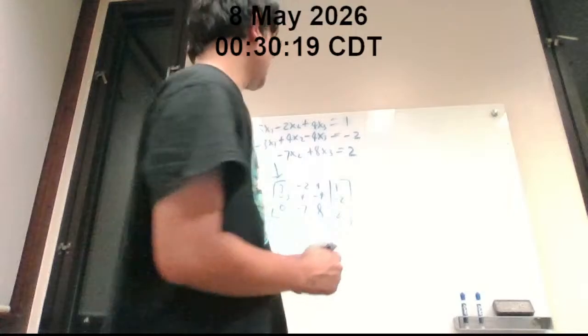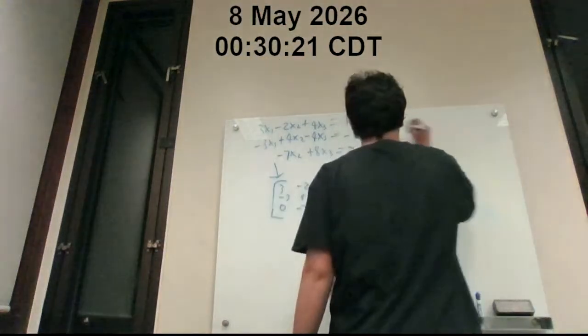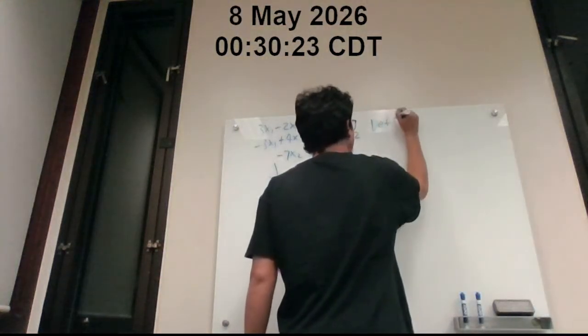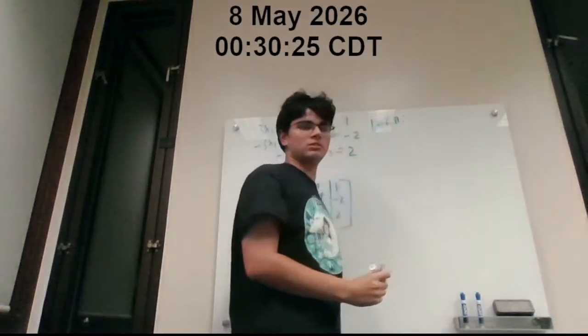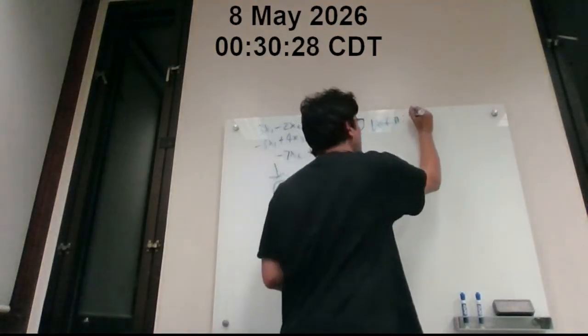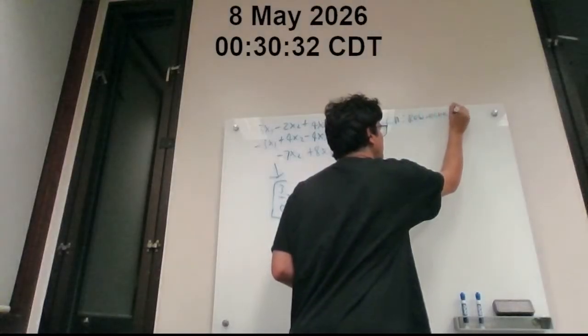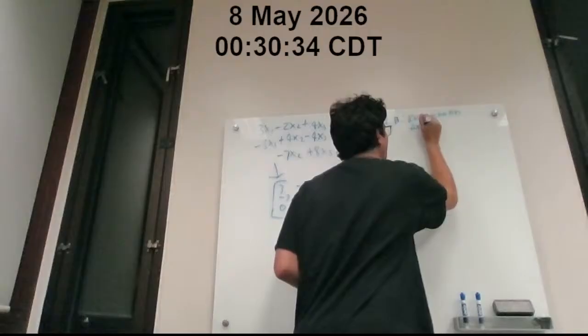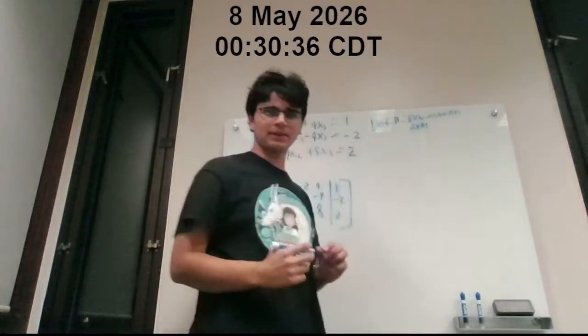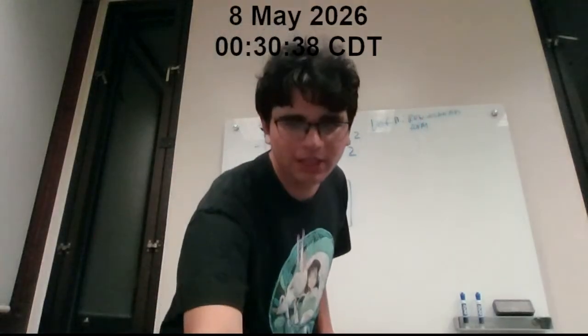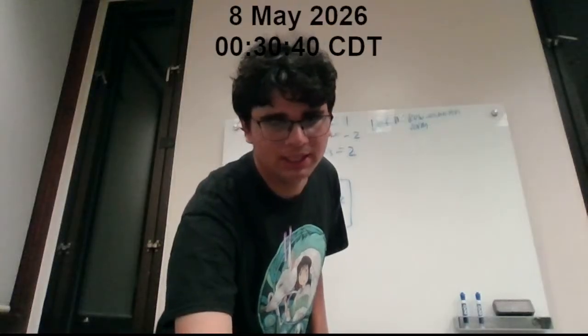Okay, so here's a definition. It's the following: row echelon form. So it's kind of like a state of a matrix, right?